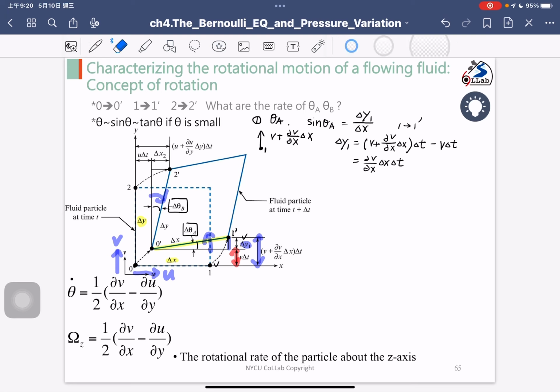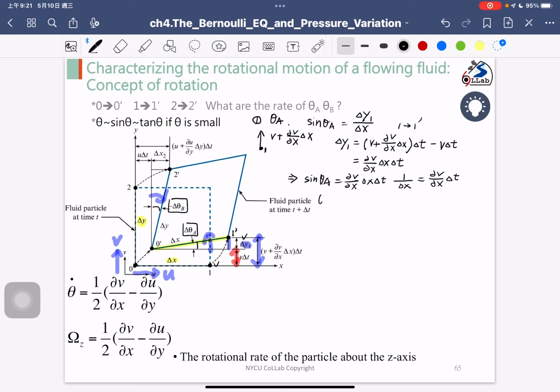So we go back to define how large sine theta A is: dv/dx times delta x times delta t, divided by delta x. Okay, so sine theta finally equals dv/dx multiplied by delta t. And sometimes we assume theta A here is quite small.